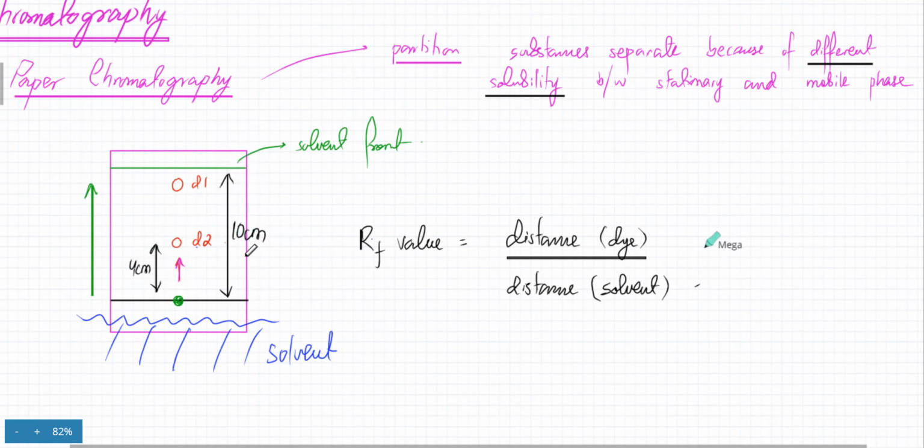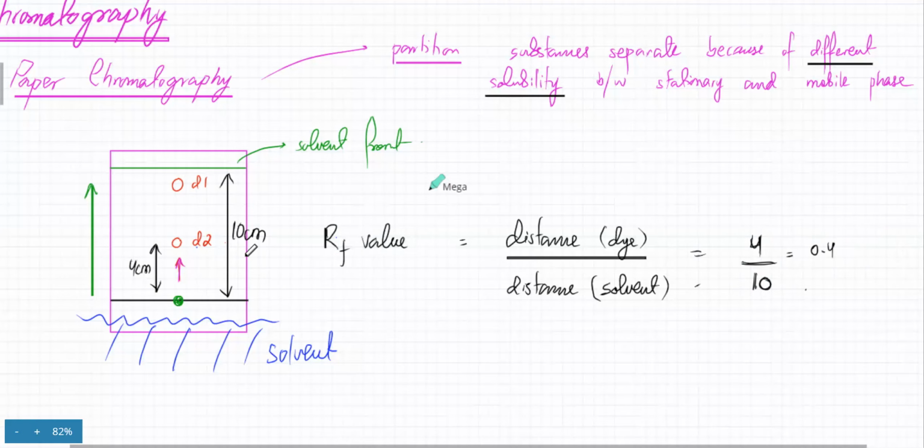So it's going to be 4 divided by 10, and it's going to be 0.4. That would be the RF value of dye 2.